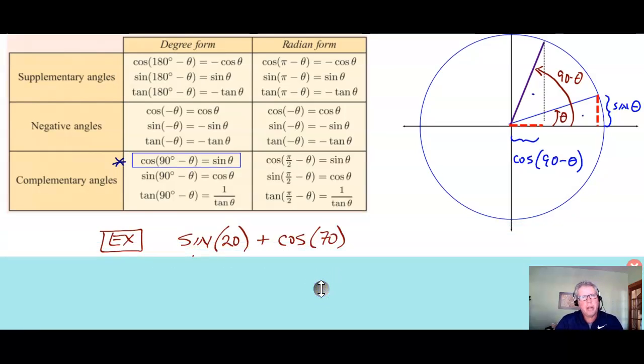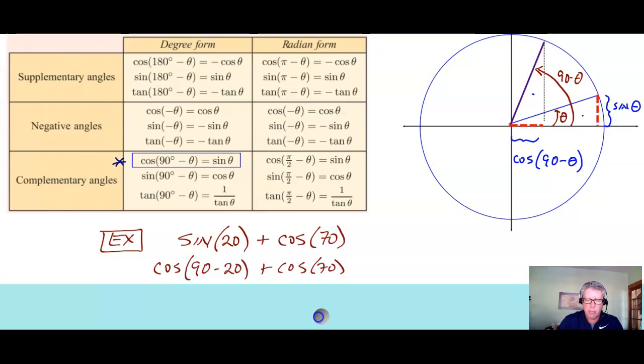Maybe you're in an algebraic situation and you have sine of 20 plus cosine 70, and you really want to combine some things. This is where it's just fun to watch people that are good with identities. They're like, oh, but I see a relationship. Remember that the sine of theta is equal to the cosine of 90 minus theta. Yes, you do get good at this, and you do recognize these things if you use them every day.